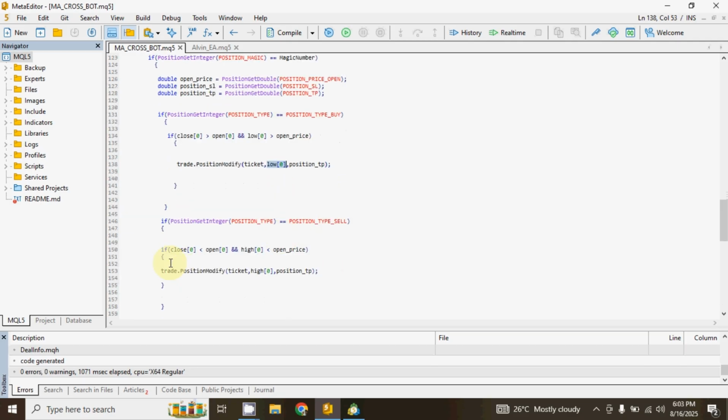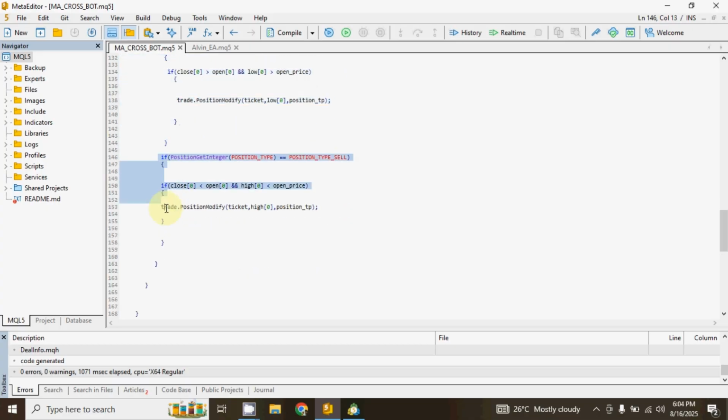Then the second thing we did was to check if the open position is a sell position, right? Remember, this if statement is standing alone from this if statement, so don't make the mistake of writing this second if statement inside this buy position. No, they are separate.